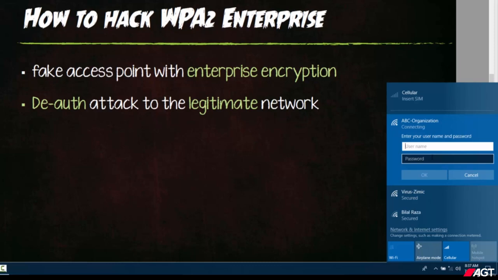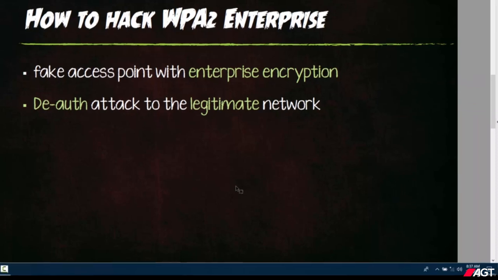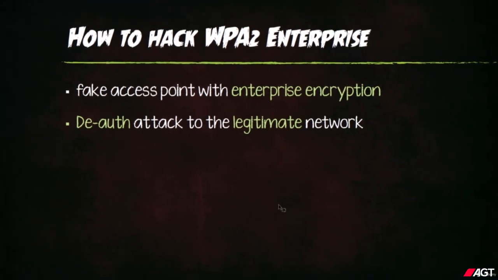So we will create a fake access point first of all, and then we will de-authenticate the legitimate network, right? So this is how we are going to attack a WPA2 Enterprise network. In the next video, we are going to see what tools we are going to use to attack this network, and then we will attack the WPA2 Enterprise network.